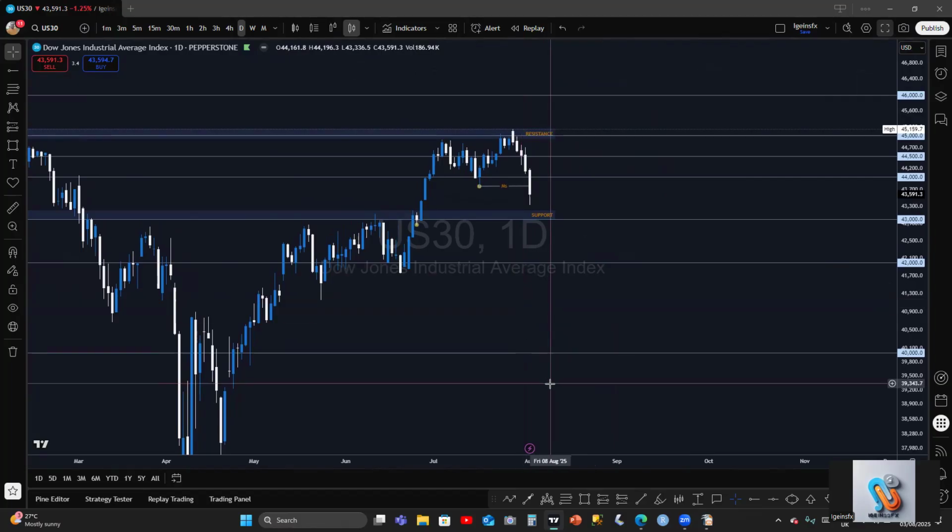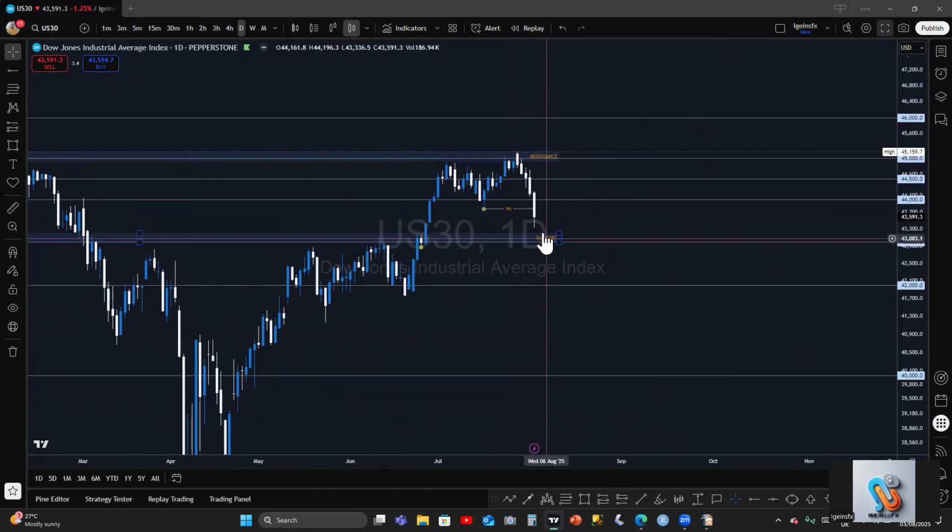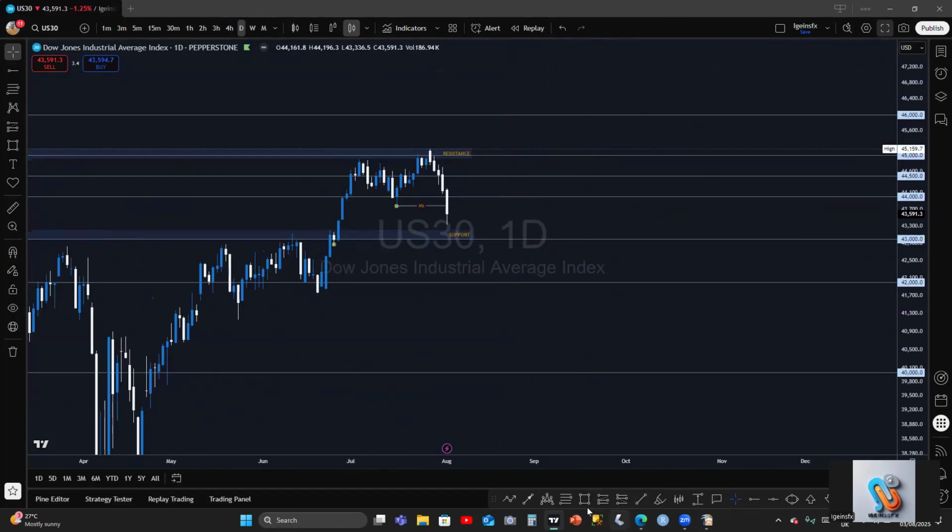Then we'll see that if this level holds, we should be rest assured that we are going to push to the upside. Before then, we need a change of character or market shift here.